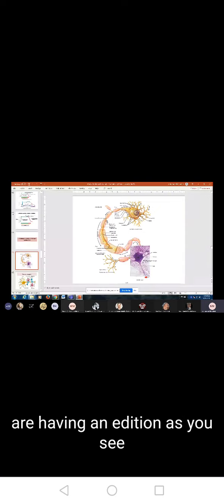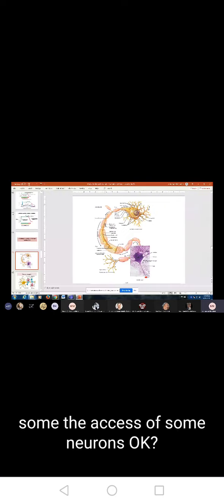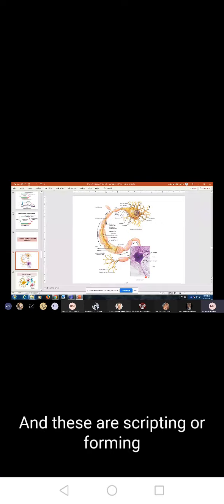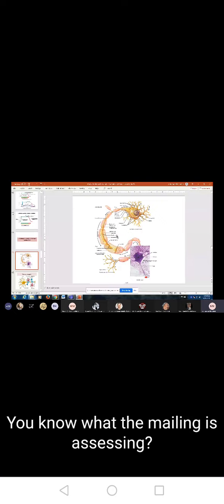In addition, as you see here, we have one type of cells which are wrapping around the neurons, the axons of some neurons, okay, and these are secreting or forming high amounts of myelin. You know what myelin is?